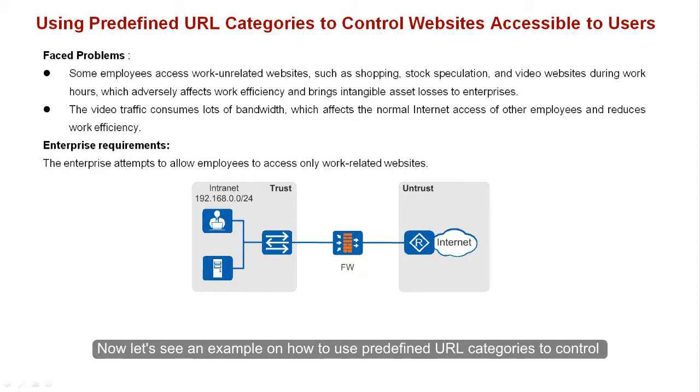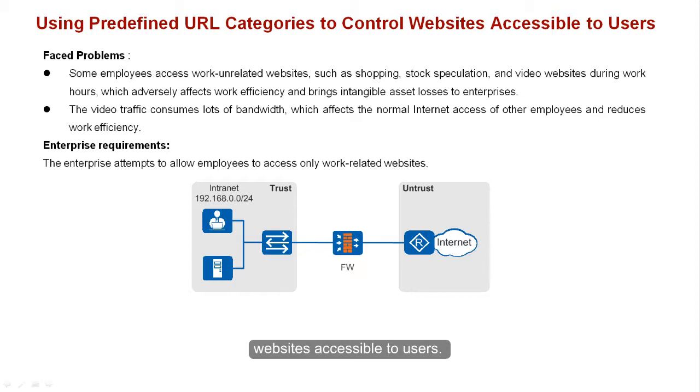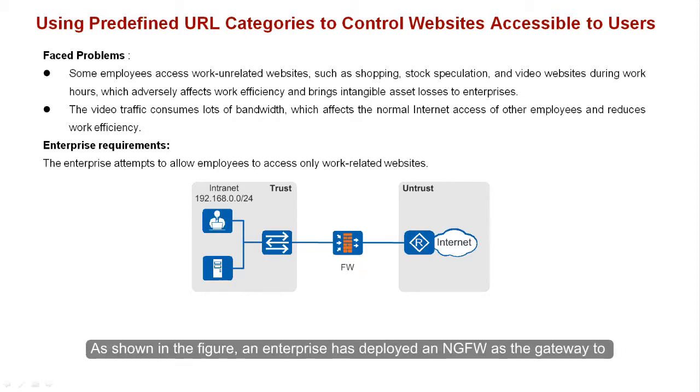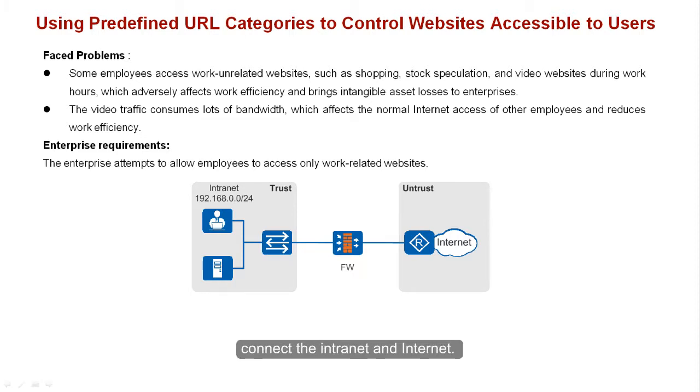Now let's see an example on how to use predefined URL categories to control websites accessible to users. As shown in the figure, an enterprise has deployed an NGFW as the gateway to connect the intranet and internet. Employees can access any website, causing the following issue.